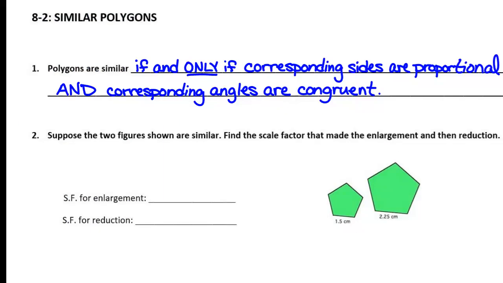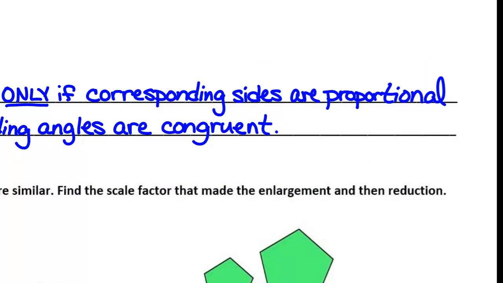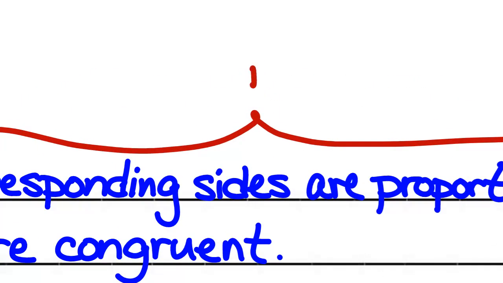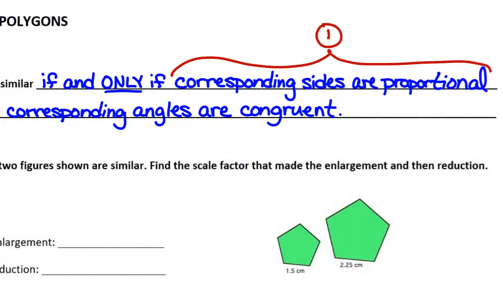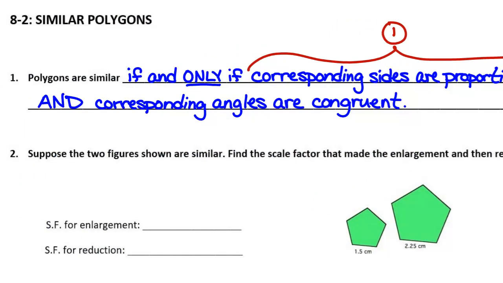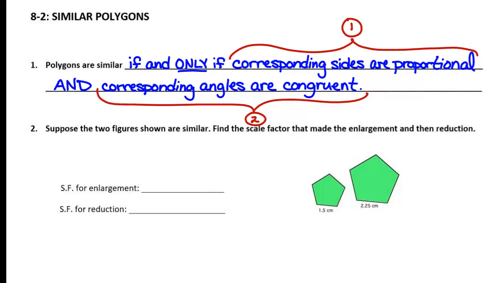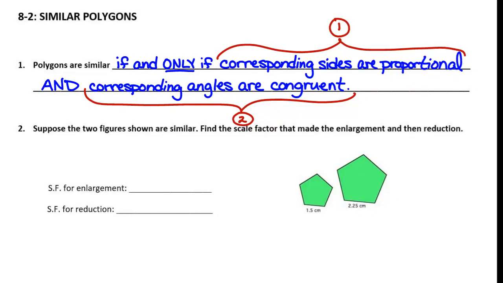In order to be similar, both of those have to be true. So if they ask me to figure out whether or not two figures are similar, it has to meet both of these criteria. And I am going to ask you about this later on in the lesson, so please make sure that you are coming back to this definition when I ask if those figures are similar, or when I ask what criteria have to be met in order for figures to be similar.